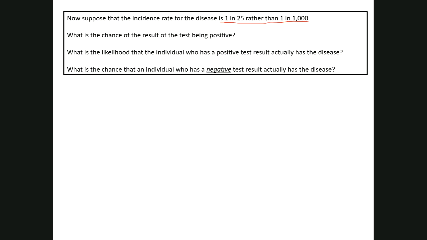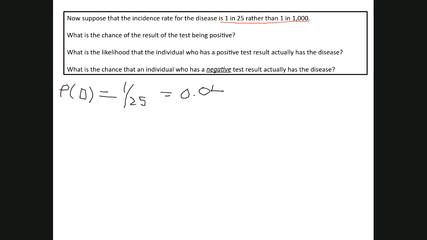What that means is the probability that the person has the disease is 1 in 25, rather than 1 in 1,000, which is 0.04.